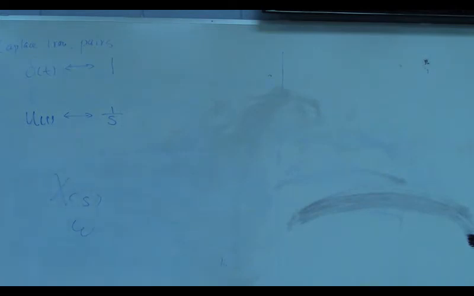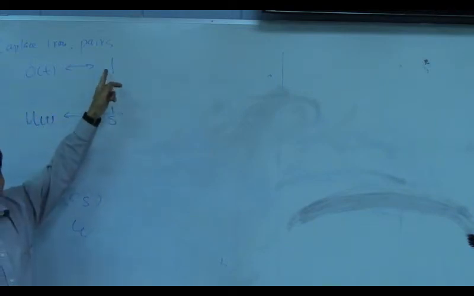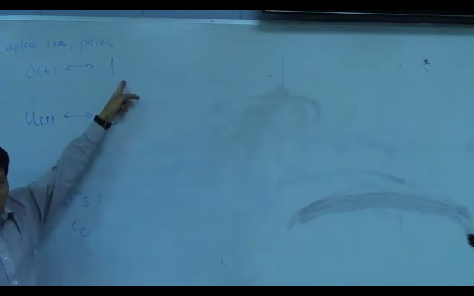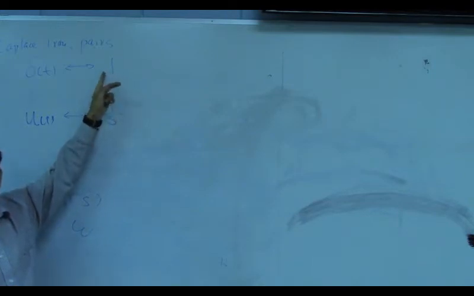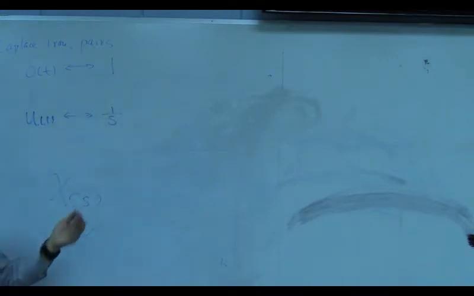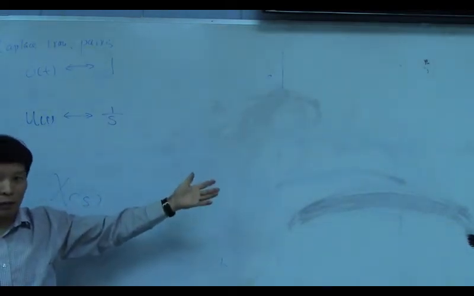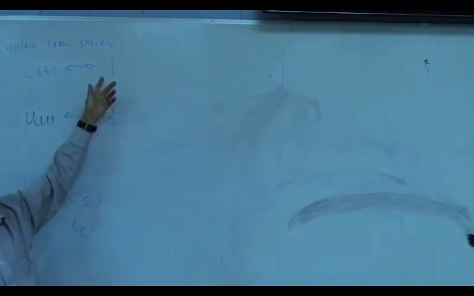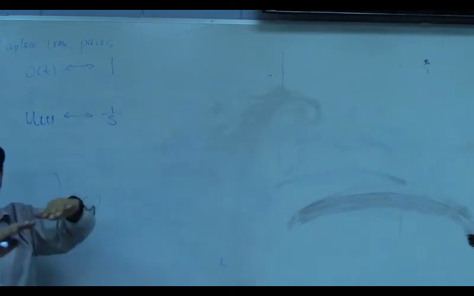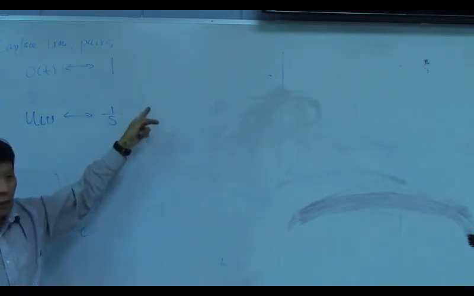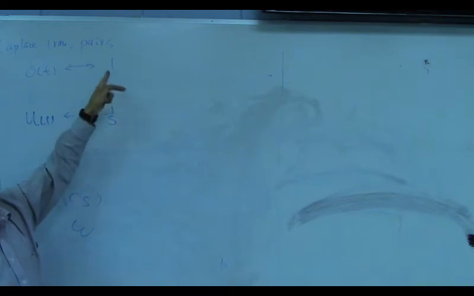I want you to repeat this in your head. For any frequency, the amplitude equals 1. What does that mean? What's the bandwidth for this one? Infinity. Any frequency. The frequency can be equal to 1 million, or any frequency, and all the amplitudes equal 1. So this is an ultra wideband signal.